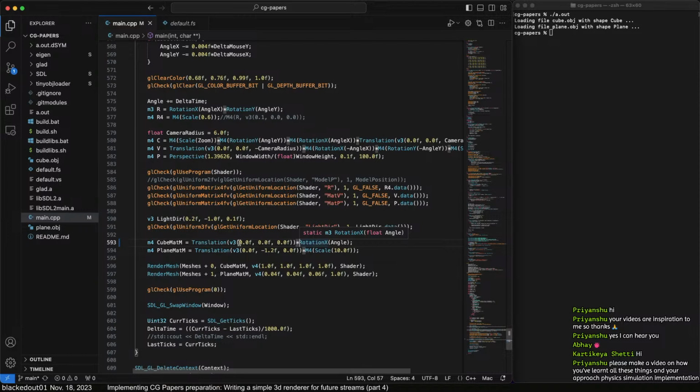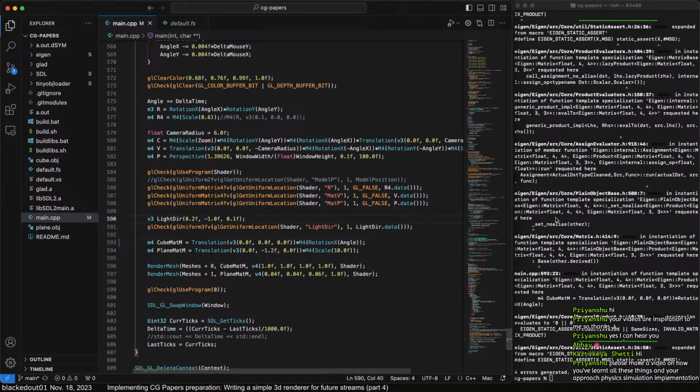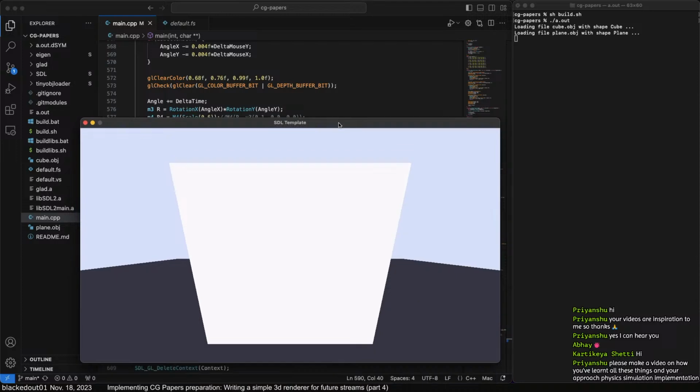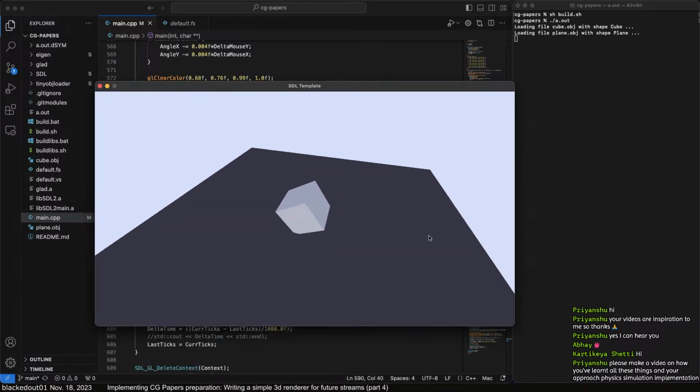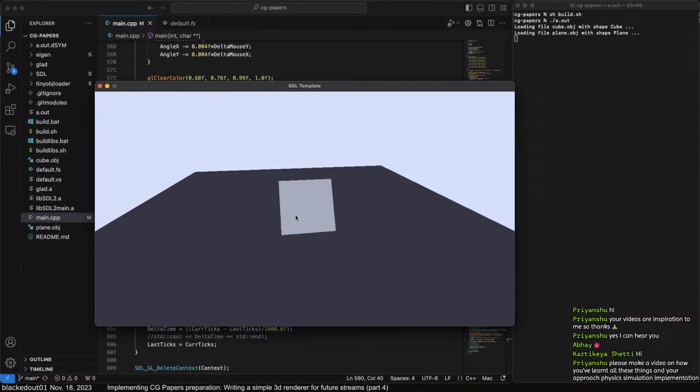So now I need to, this returns a 3x3 matrix, this is a 4 matrix, so I need to convert this. Oh, I forgot to. So now the cube rotates, but as you can see, the lighting doesn't update correctly.